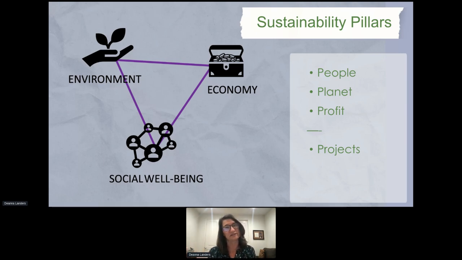It might have made it less expensive for the community, or maybe not, but it would be harming the economy of an entire group of people. And so these are things to really keep in mind as we move forward with our projects, the sustainability and balancing these pillars.